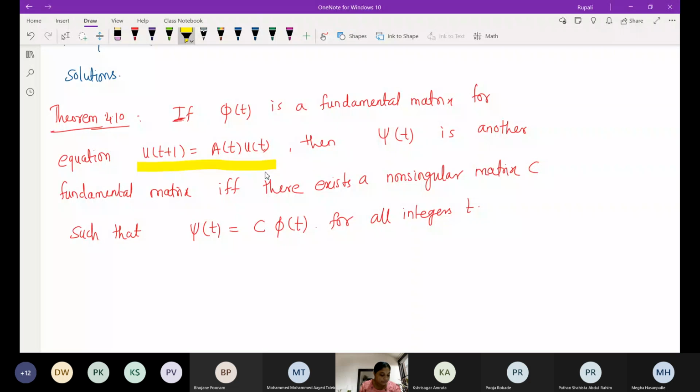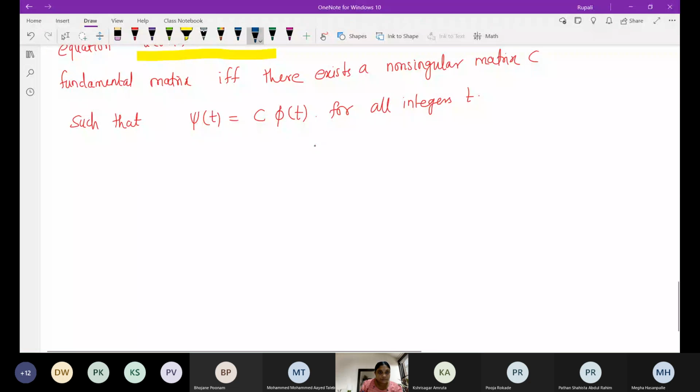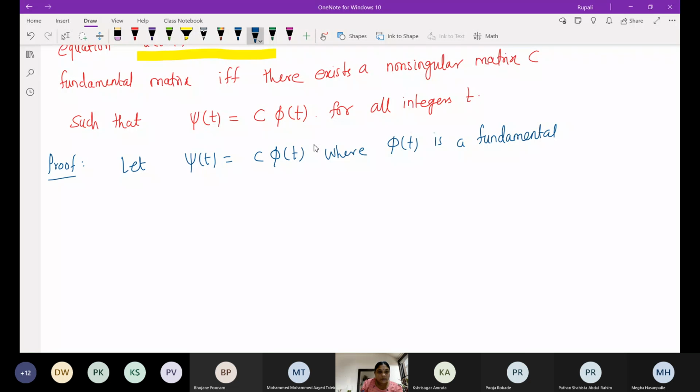So one way is very easy. Let psi t be equal to C times phi of t, where phi t is a fundamental matrix of equation 4.16. 4.16 means u at t plus 1 is equal to a of t u of t.